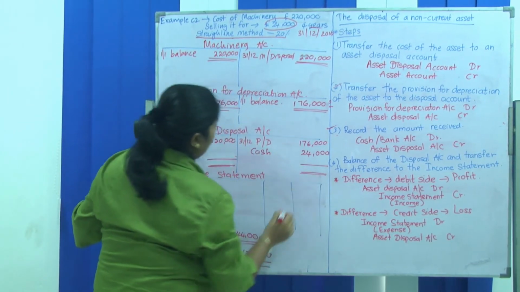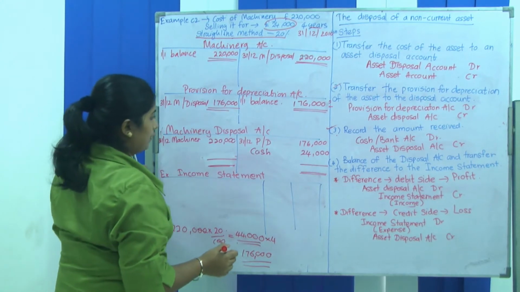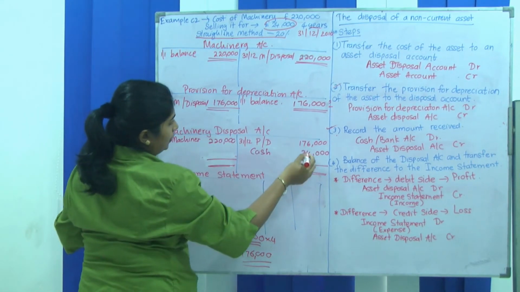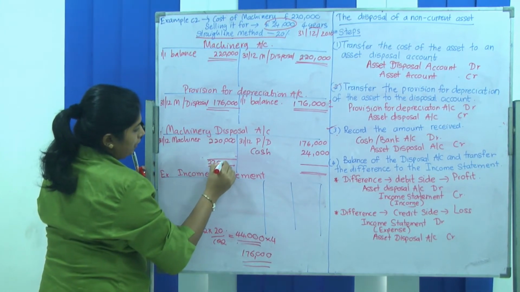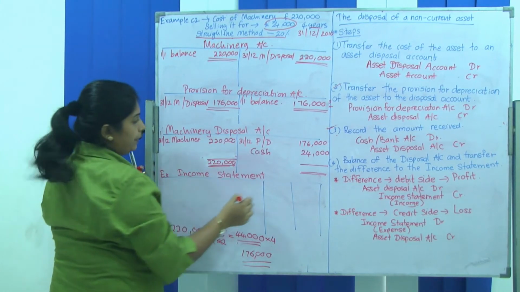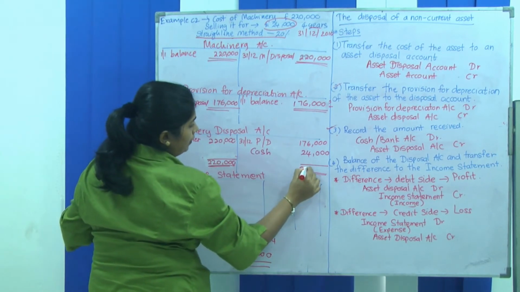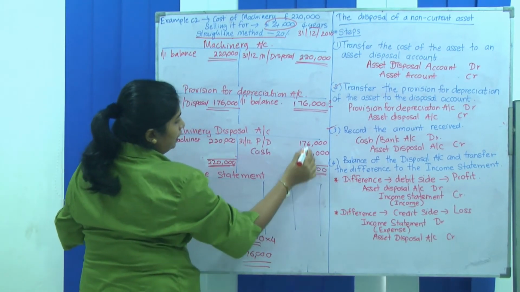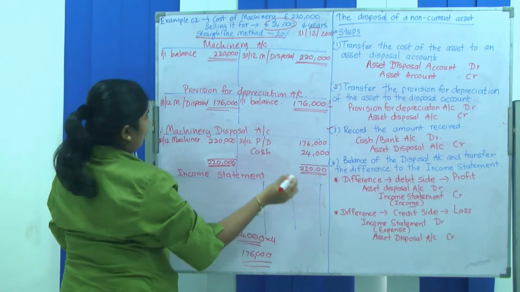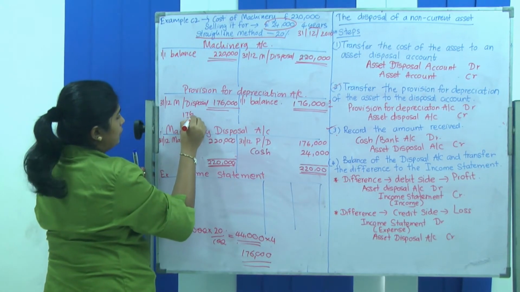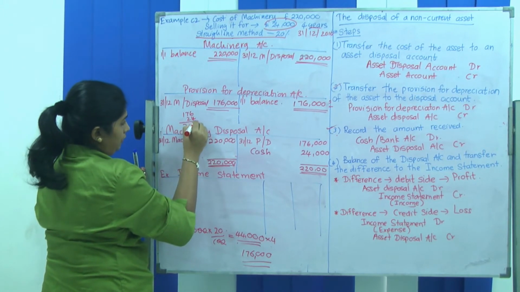You see on which side. Now if you add both together, here you will be getting 220,000. The debit balance is the highest amount, so you will be writing it on both sides. Then here it gives you 6, 4, 10 and 176 and 24 gives you 200,000.